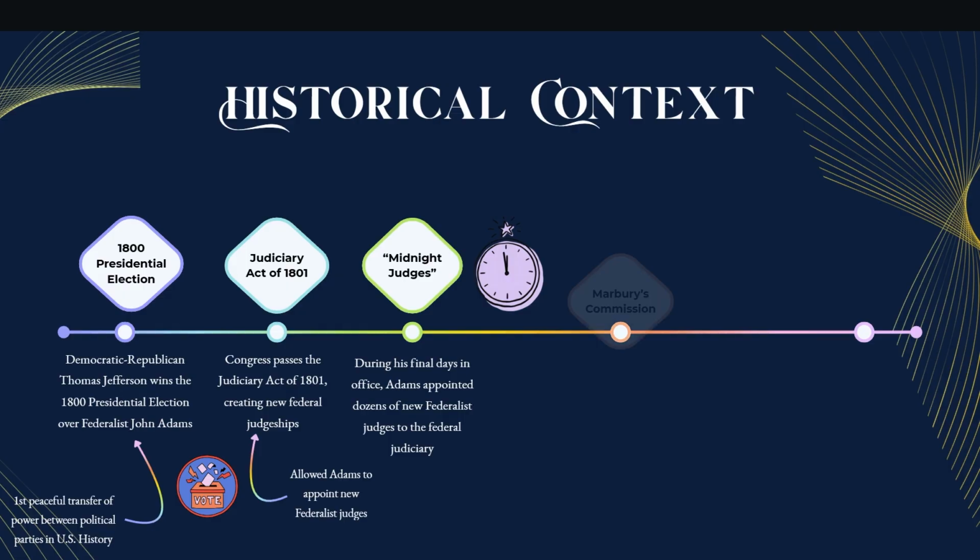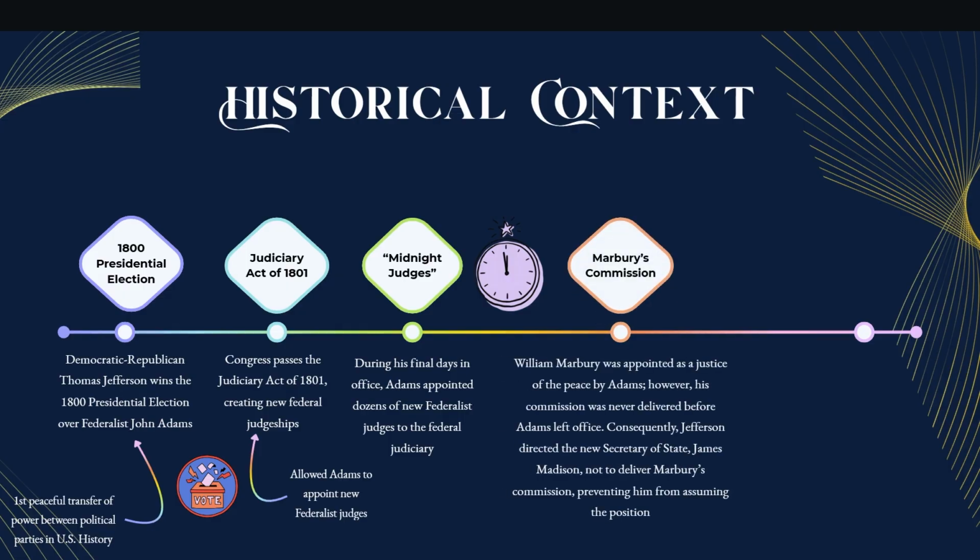One of these appointees was William Marbury, who was selected to serve as a Justice of the Peace. Although Adams signed Marbury's commission, it was never delivered to him before Jefferson took office. And this was important because a commission basically serves as proof that Marbury was actually appointed. So Jefferson instructed his new Secretary of State, James Madison, not to deliver the commission, preventing Marbury from officially assuming the position.